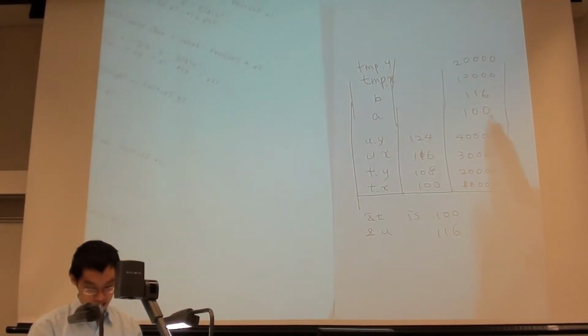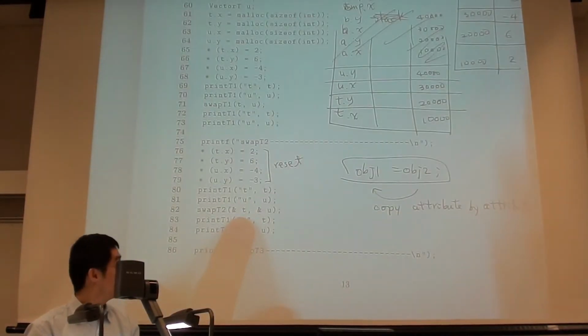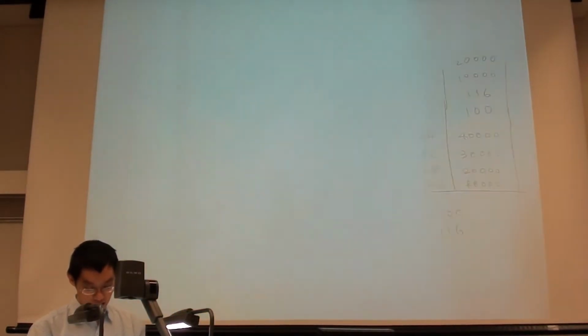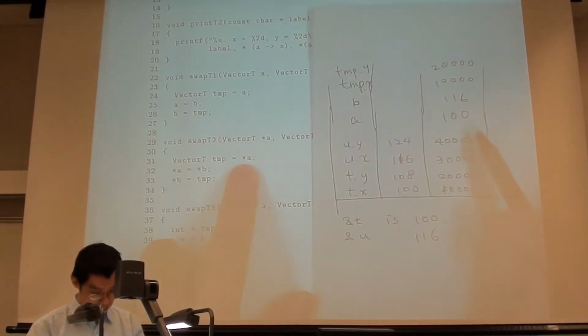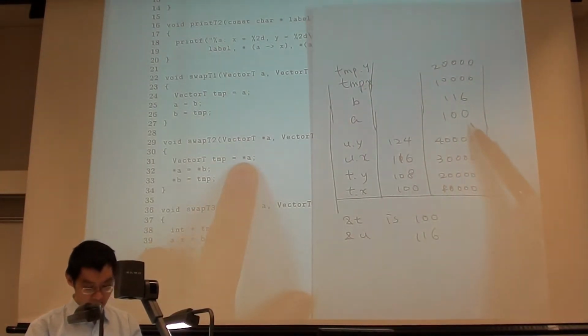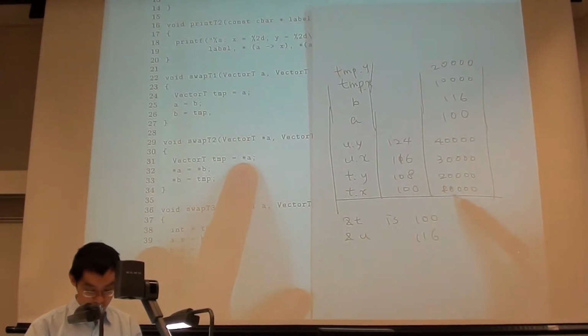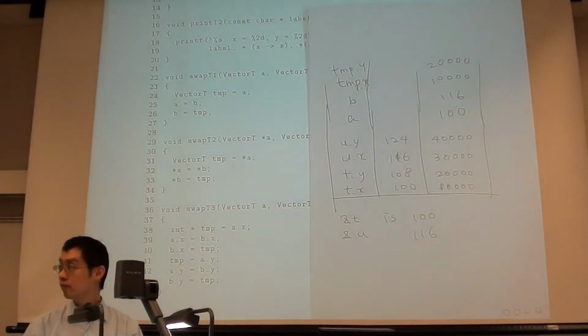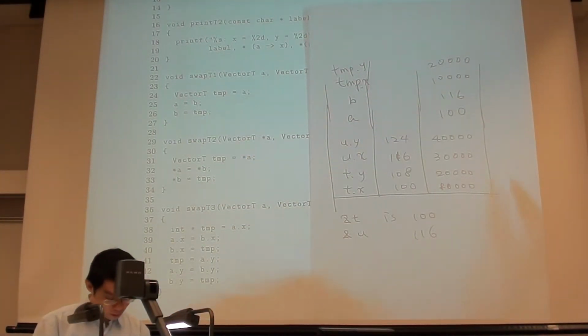How do we get 100? Because I passed the address of T into the function. The address of T, assume, is 100. Therefore, A's value is 100. This means I take A's value and go read the value at that address. So I go to address 100 and read X and Y. So I get 10,000, 20,000. That's what this line does.